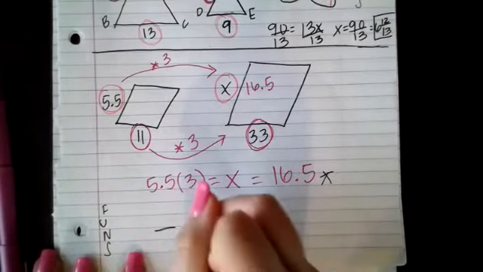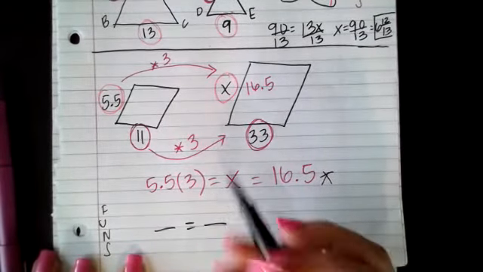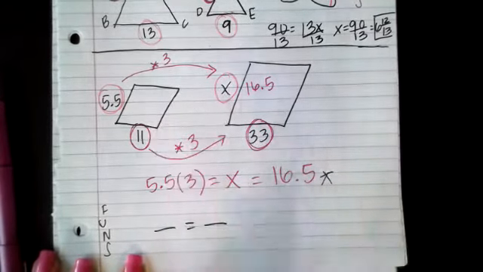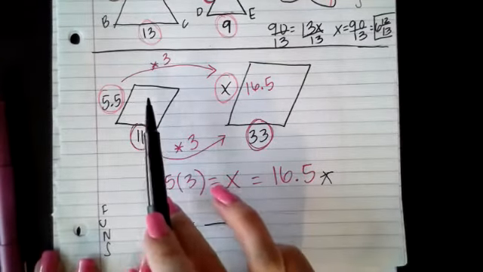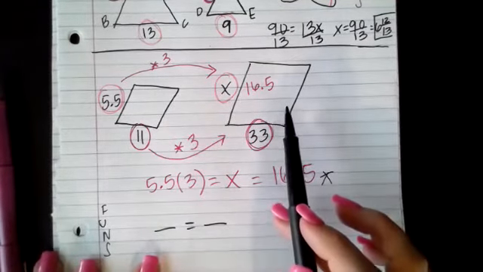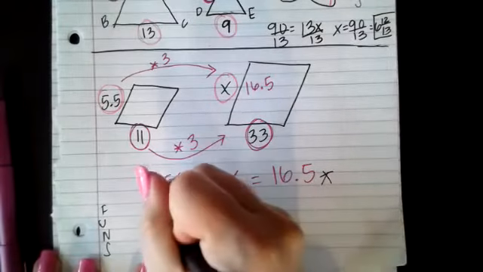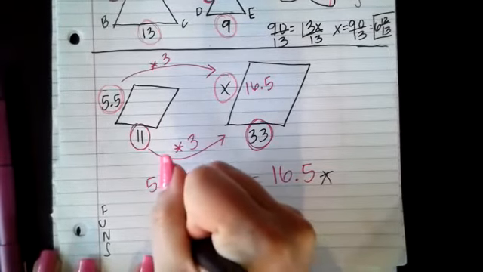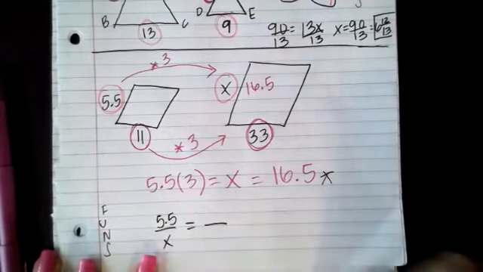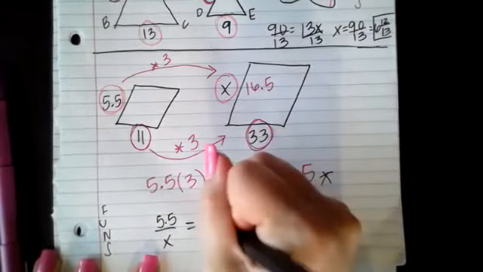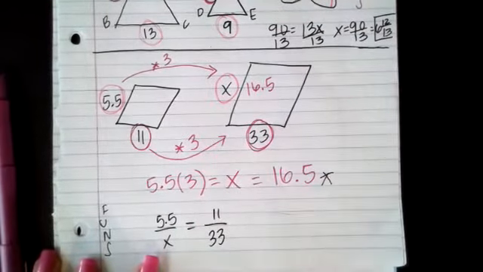So I'm going to set up my 2 fractions. My units are going to be the smaller parallelogram up top, the bigger parallelogram on the bottom. The numbers, I have 5.5 compared to x, and then I have 11 compared to 33.